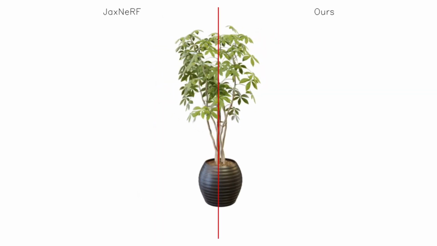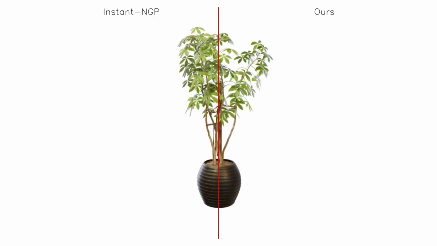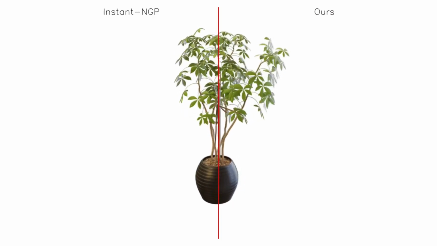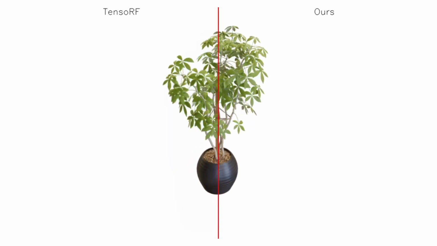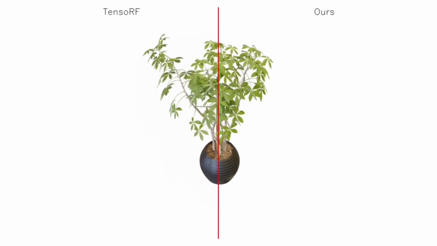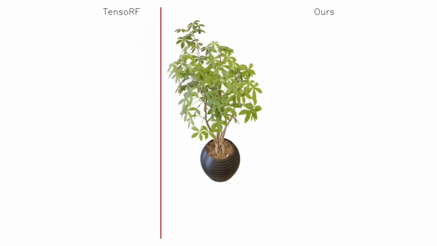Or the slightly better looking plant pot in this scene. Overall, our method performs slightly worse in terms of per pixel metrics, but outperforms state-of-the-art approaches in terms of perceptual metrics.